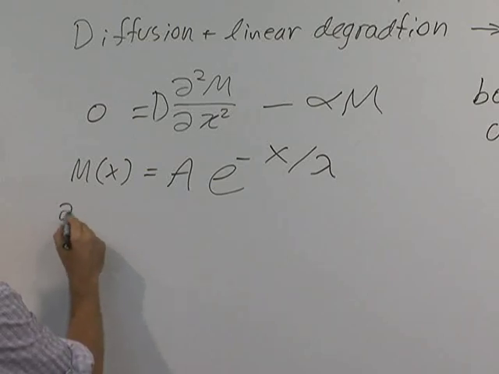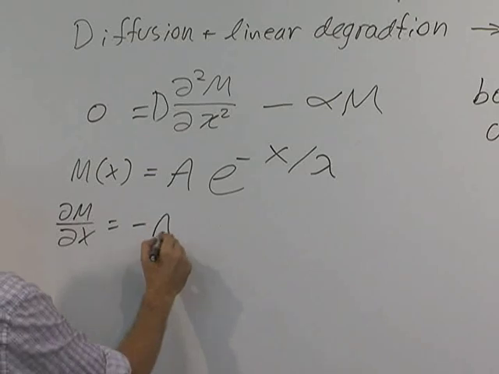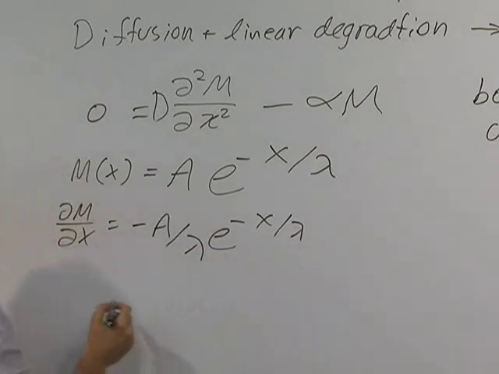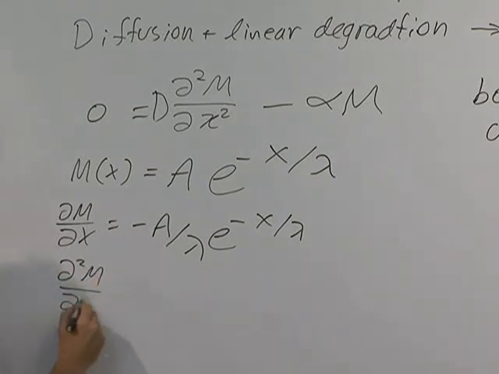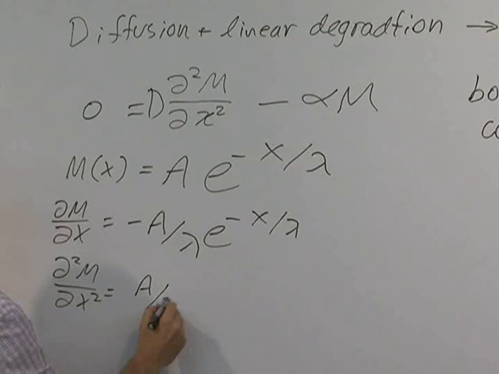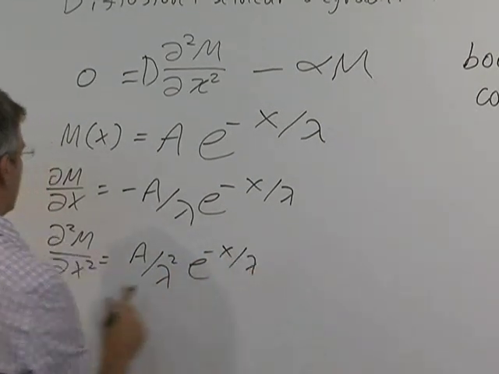If we differentiate it once, we get minus a over lambda, e to the minus x over lambda. If we differentiate it twice, another minus 1 over lambda comes here. So it's a over lambda squared e to the minus x over lambda. That's fine, right?